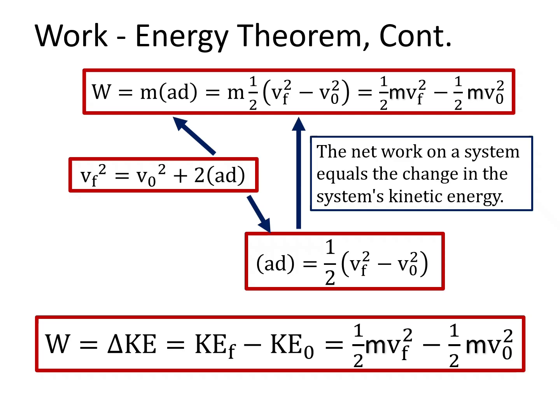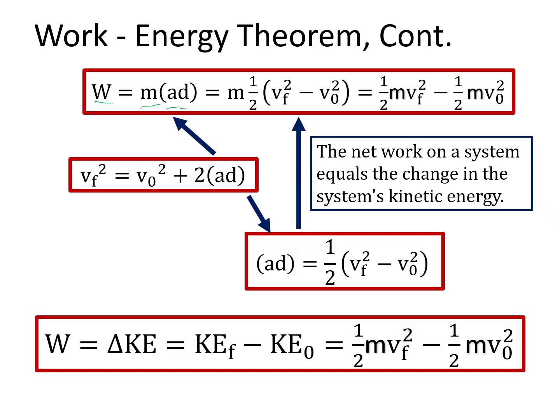This slide shows the mathematical connection between work and kinetic energy. Starting from W equals m times a d, we use the kinematic relationship to replace a and d with 1 half v final squared minus v initial squared. So the net work becomes 1 half m v final squared minus 1 half m v initial squared.